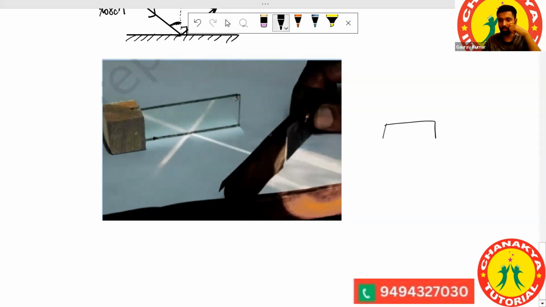So if this is a comb, this is a rough writing of what I'm saying.